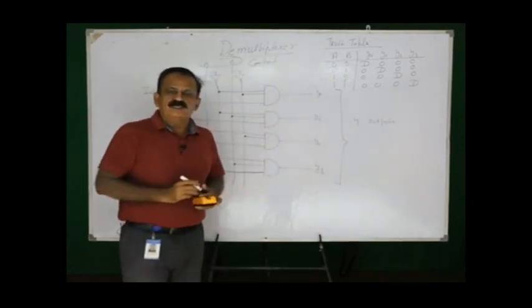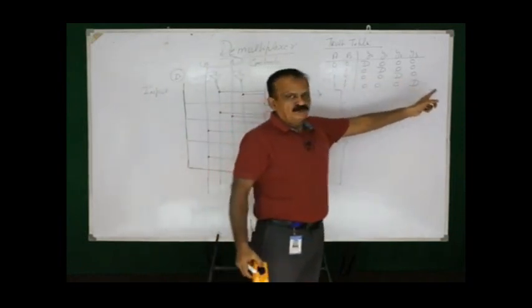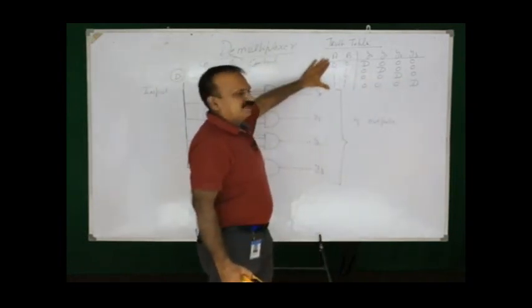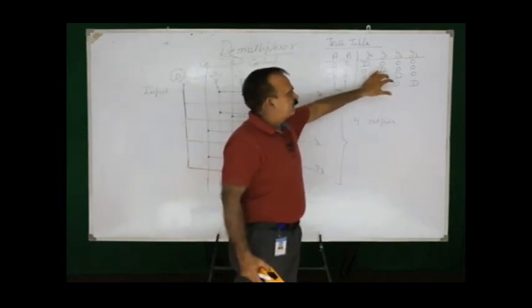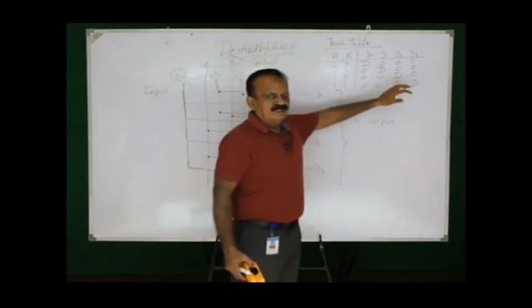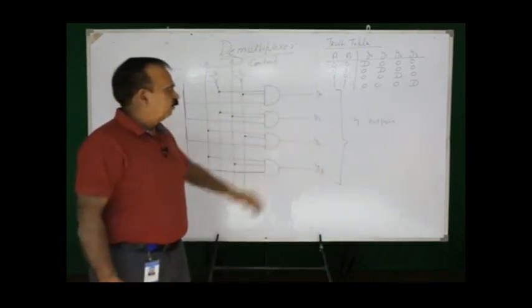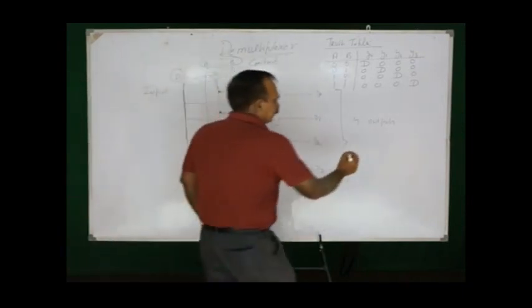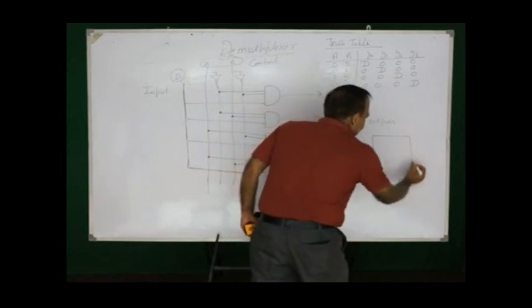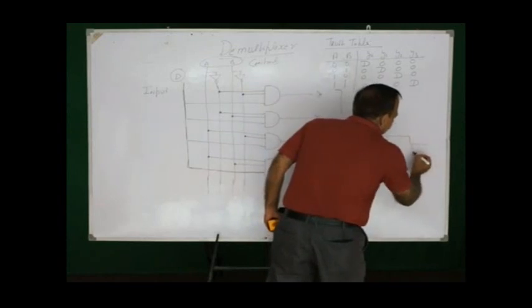From the truth table it is very clear that the input will be connected to a particular output depending upon these control signals. In case of 0 0 it is connected here, in case of 0 1 it is connected here, in case of 1 0 it is connected here, and in case of 1 1 it is connected to Y3. So what will be the use of this demultiplexer? Now I have one input resource and I want to share it with a number of outputs.